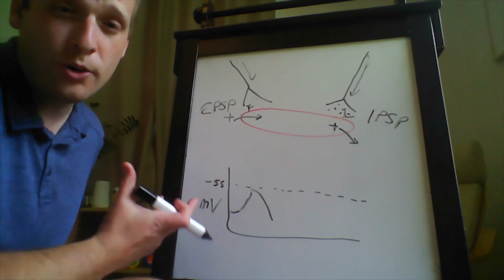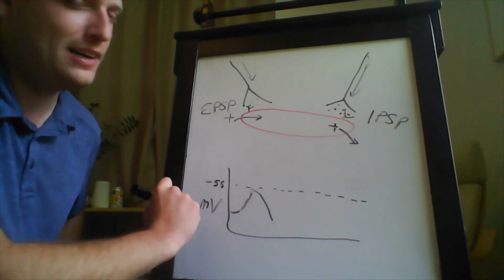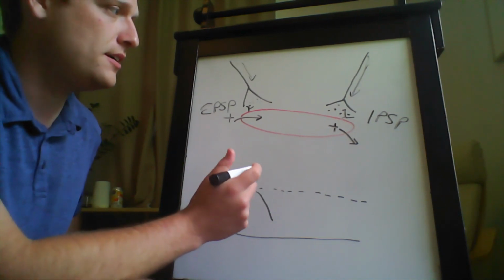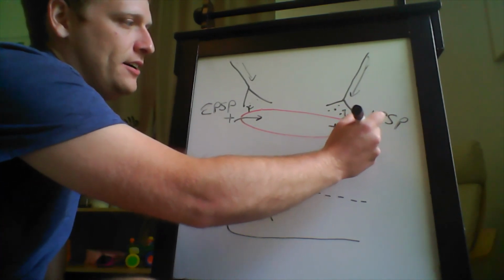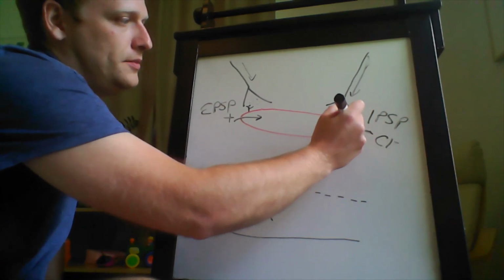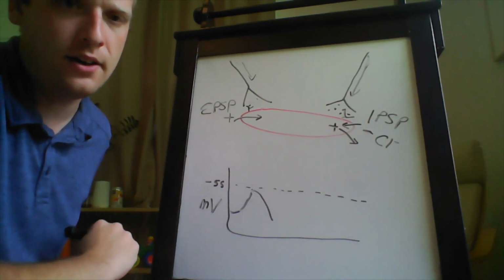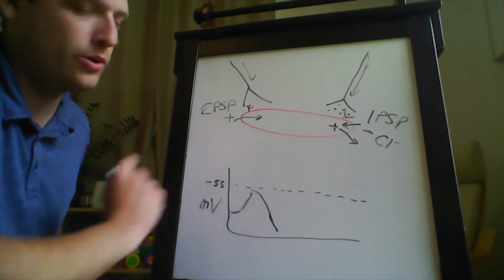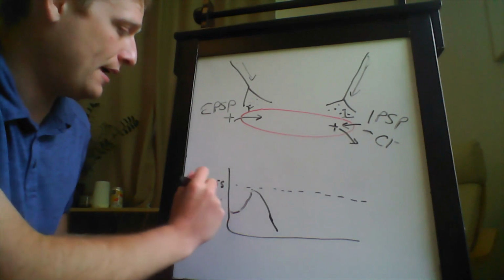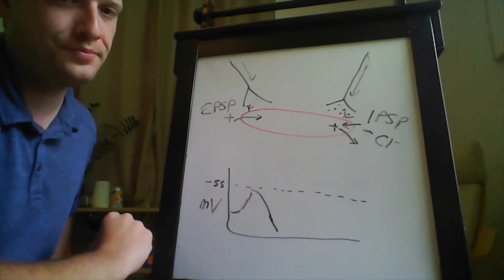One other way that we could make it a more negative value is not only to remove positive ions, but to allow negative ions, something like a chloride ion, to go into the cell. That would also lower the voltage, hyperpolarizing it, bringing it further away from this threshold.